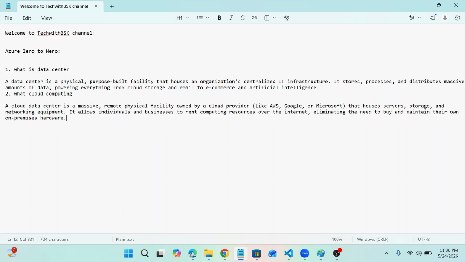It allows individuals and business units to rent computing resources over the internet, eliminating the need to buy and maintain your own on-prem hardware. So we are reducing everything we manage on-premises.